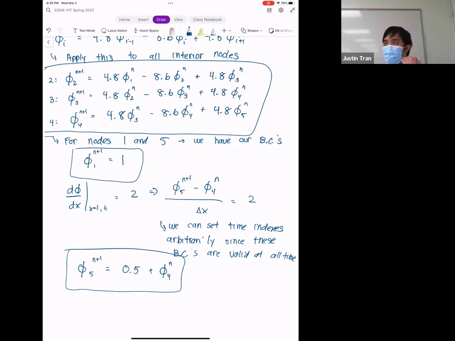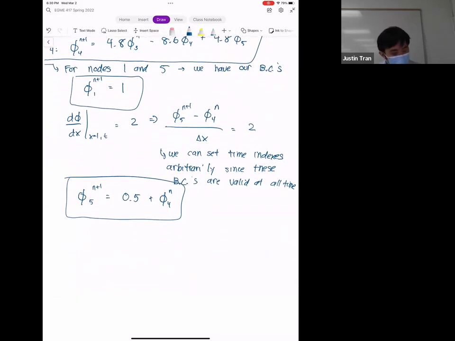For the first and last nodes, we use the boundary conditions, and I manipulated the n plus 1s to make sure that we get an n plus 1 equation for phi1 and for phi5. Is that the general rule? Yes, you need to have an n plus 1 equation for every single node.